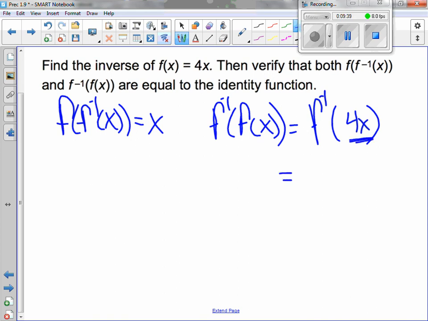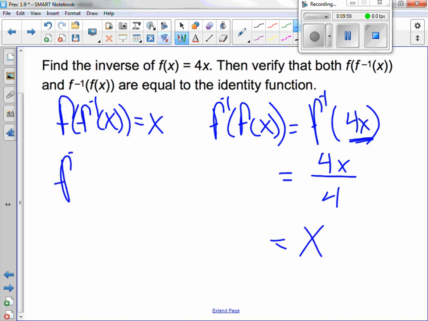But now I'm going to plug 4x into our f inverse, which was x over 4. I just realized I erased it. So we have 4x over 4. Well, the 4 and 4 simplify, so f inverse of f of x gives me x, yes?